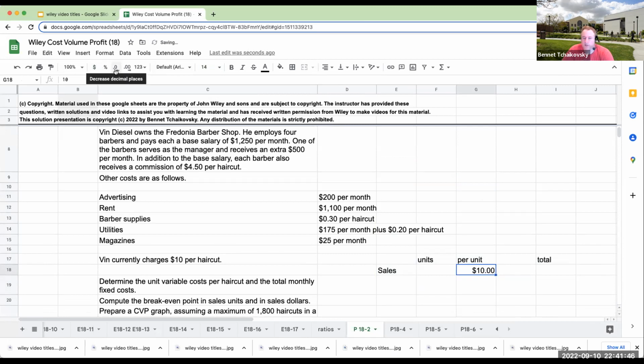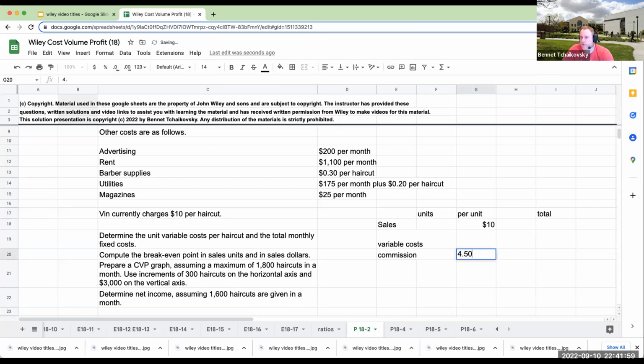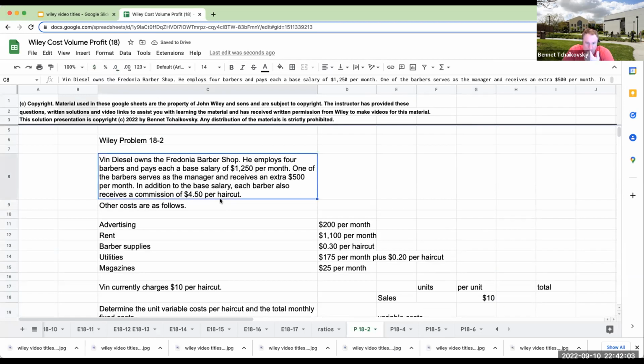We don't know how many sales we have yet. Then we're going to have our variable costs. We're going to have a commission. The commission is going to be $4.50 per haircut. Each barber receives $4.50 per haircut.